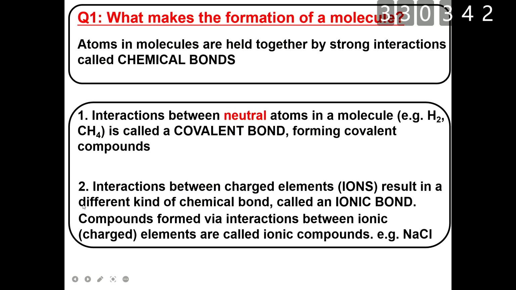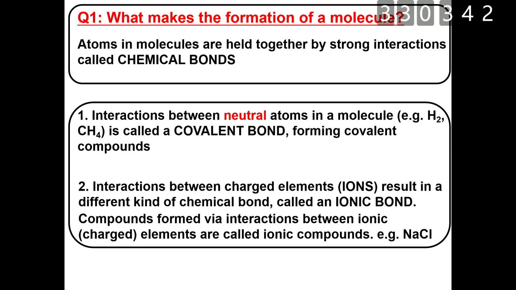And the interactions between charged elements, which we also call ions, result in a different kind of chemical bond. So we call them ionic bond. So this kind of compound, we call them ionic compound. So in an ionic compound, the electron should be transferred from one atom to another atom.